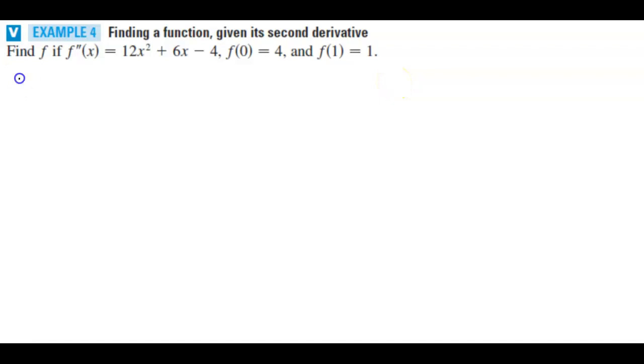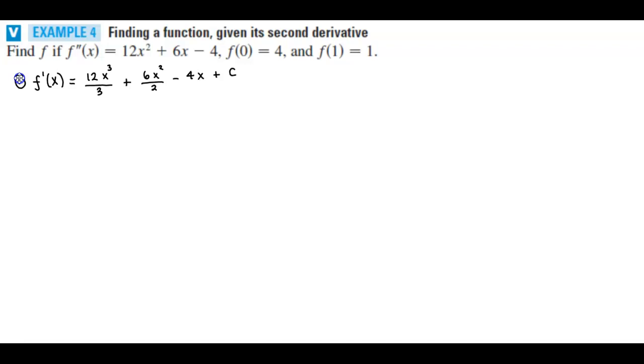Okay, so the first thing we want to do is find f prime of x, meaning the antiderivative of the second derivative. So this is going to give us 12 times x to the 2 plus 1, which is 3, over 3, plus 6 times x to the 1 plus 1, which is 2, over 2, minus 4x, and then plus c.